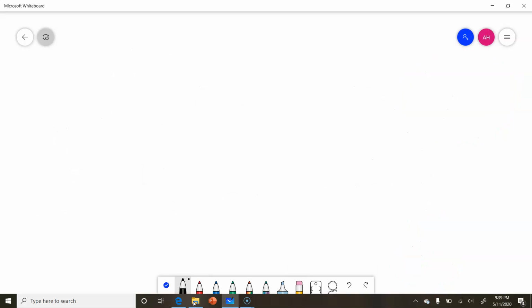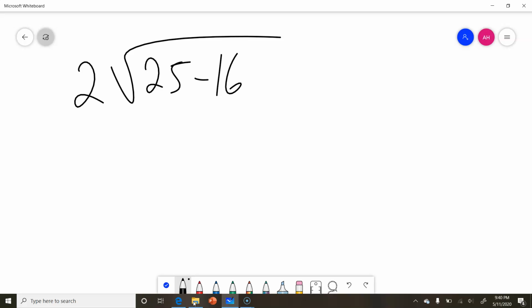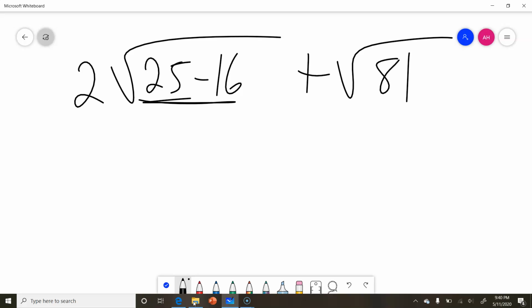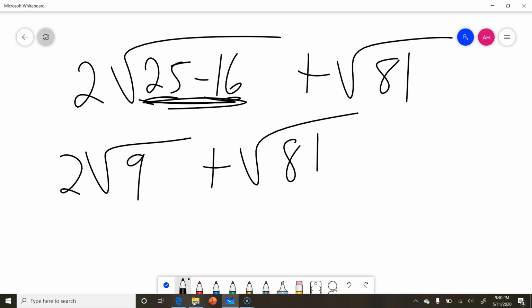Okay, so they give you one that's a little harder. This is actually one of your homework ones, so if you want to follow along, that could be helpful. You have 2 times the square root of 25 minus 16, all of that plus the square root of 81. All we do is we do what's in here first. So I'm going to have 2 times the square root of, what is 25 minus 16? That's 9. Plus the square root of 81.